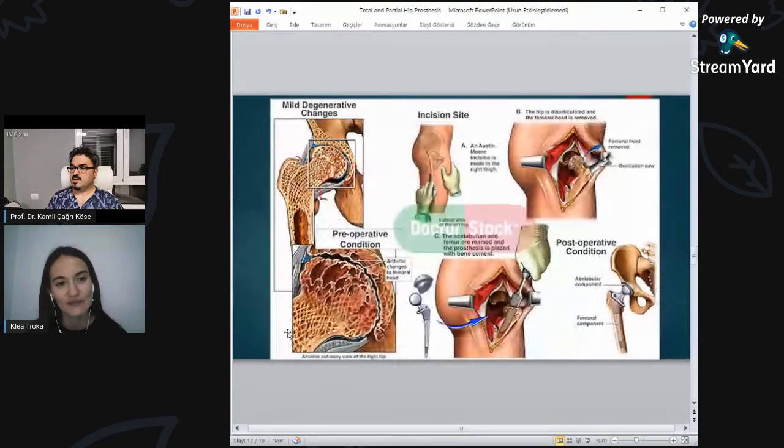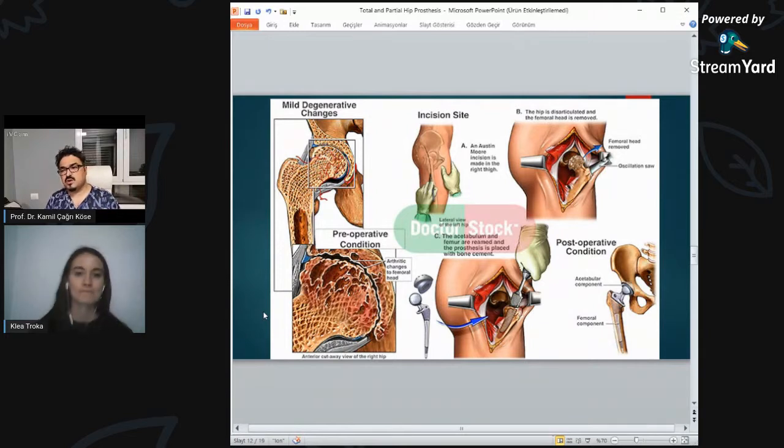Okay. And this is another diagram of how we do the operation. You can see that there are some degenerative changes in both the acetabular side and also the femoral side.